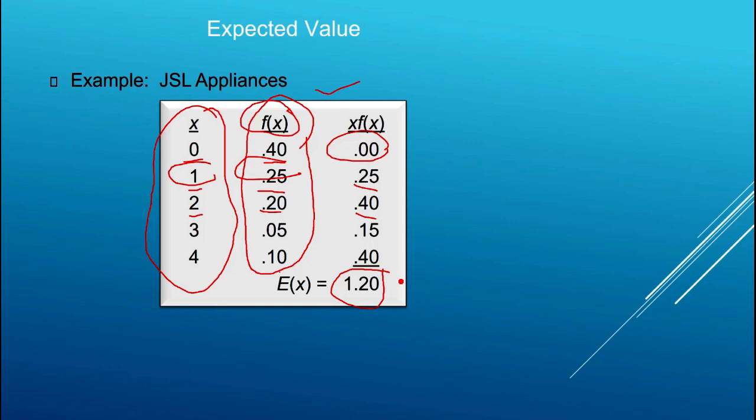So the expected number of TVs that would be sold would be 1.2. Notice that even though it's a discrete random variable, the expected value of the mean need not be discrete. In this case, it's equal to 1.2. It's neither equal to 1 nor 2.